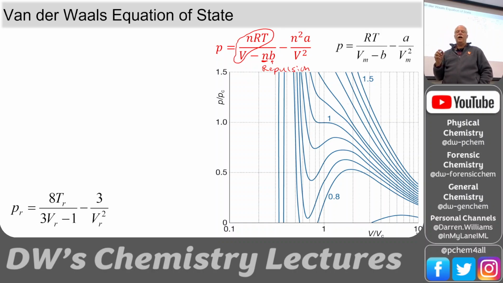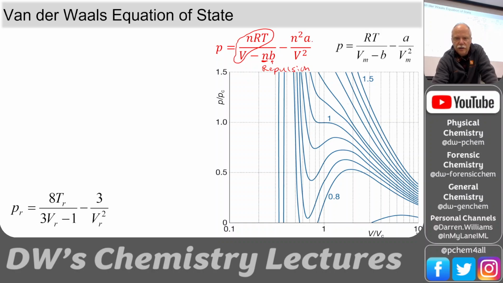Now, what about the attractions? If we stick molecules in here at a moderate rate, and you've got a square on the wall measuring the force that the molecules are hitting it with, and the molecules hit another gas molecule and they're somewhat attracted, then they're going to lose some velocity, and they're going to hit that square with a little bit less force. So the pressure is going to go down if there are attractions in the room.